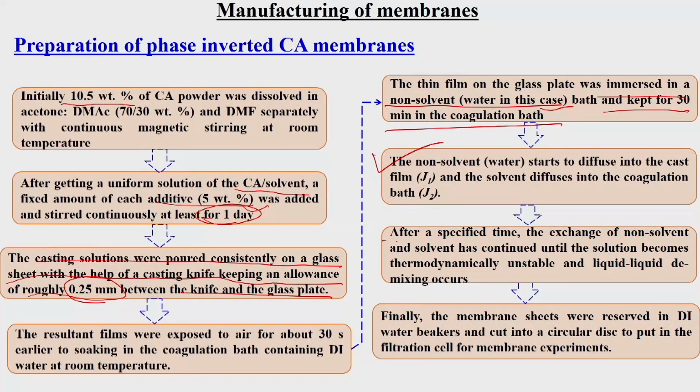After the specified time, the exchange of the non-solvent and the solvent continues until the solution becomes thermodynamically unstable and liquid demixing occurs. Finally, the membrane sheets were preserved in deionized water beakers and cut into a circular disc, or whatever the desired shape, to put in the filtration cell for membrane experiments, but sometimes heat treatment is also done.